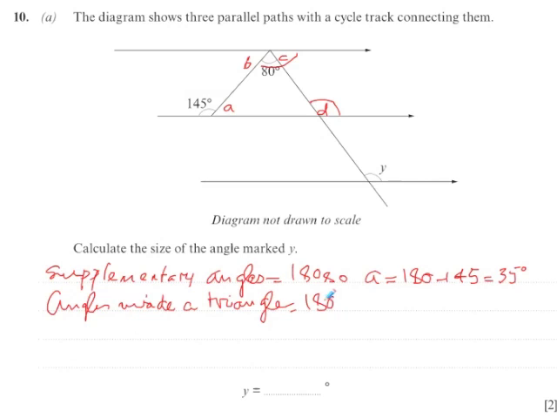So we'll call this E. So E equals 180 minus 35 plus 80 degrees here. And that equals 65 degrees.